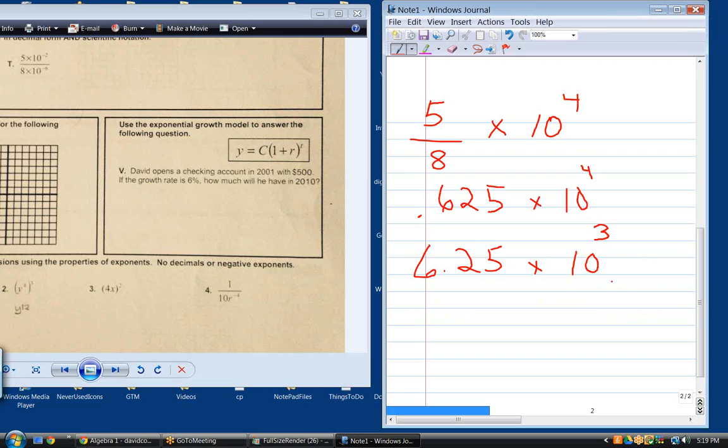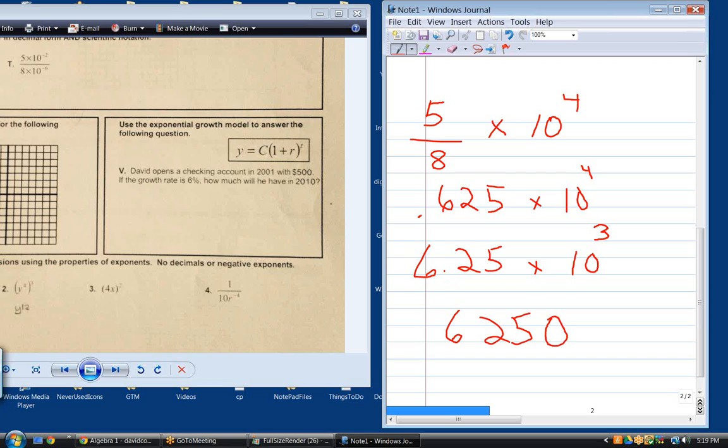What number is, well, first of all, what's 10 to the third? 1,000. Okay, so what's 6.25 times 1,000? 6,250. Yeah. So what did we do with the decimal point in order to write it as a number?